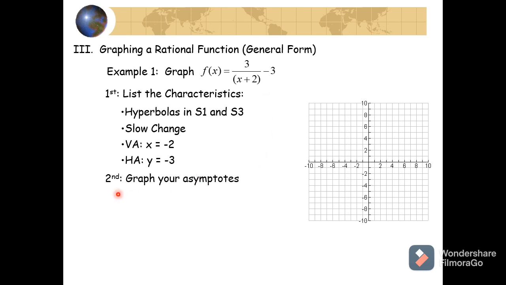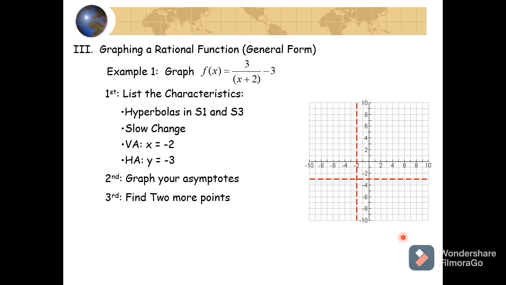Next, second step is to graph our asymptote. Yung x natin dito ay negative 2, so andito siya. At yung y natin ay negative 3, so andito siya. Third step, we need to find 2 more points. First, if our x is 1, all we need to do to find y is substitute 1 to the given original equation.